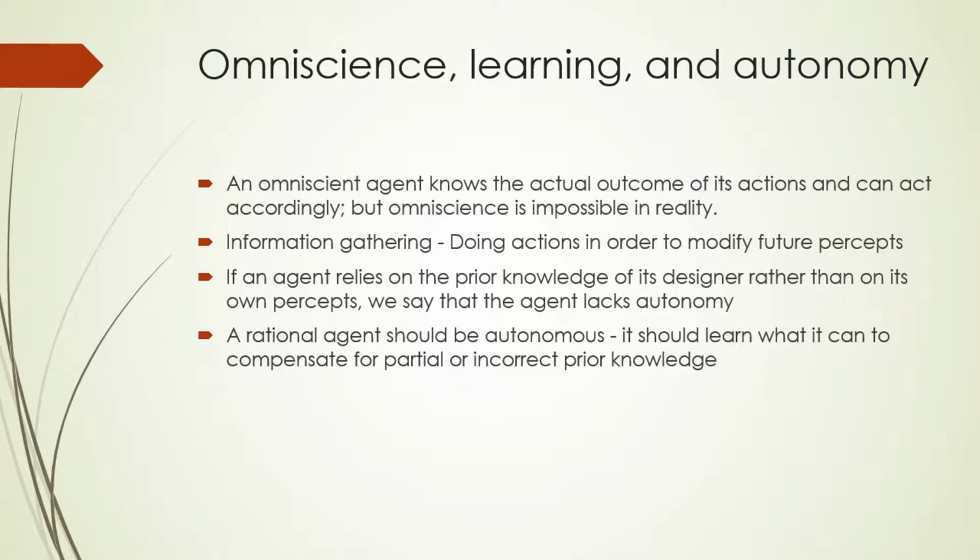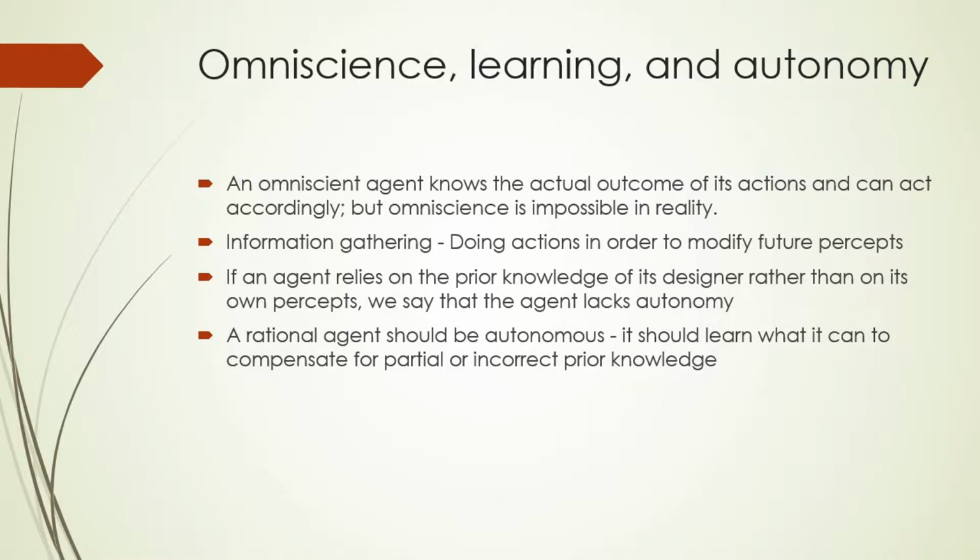If an agent relies on the prior knowledge of its designer rather than on its own percepts, we say that the agent lacks autonomy. So we would want an agent that learns, that will not only rely on what the programmer or the designer has implemented, but one that is autonomous, just like a human being.